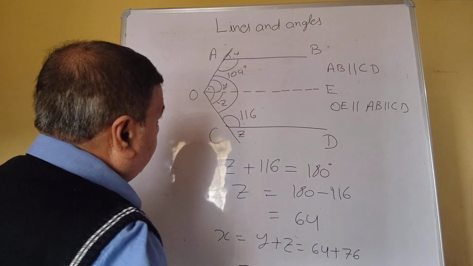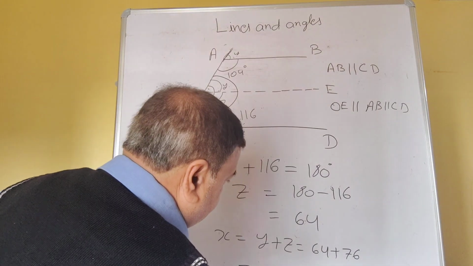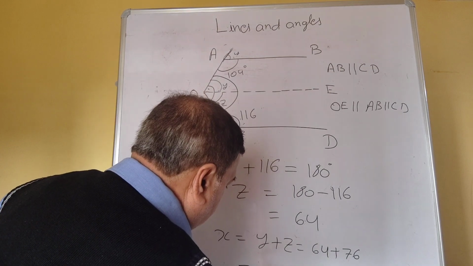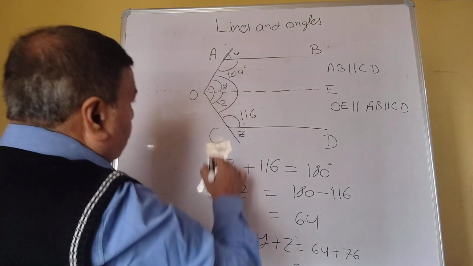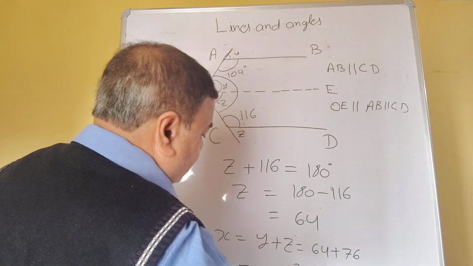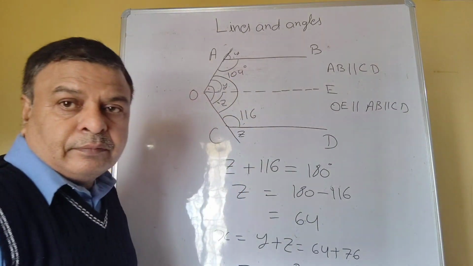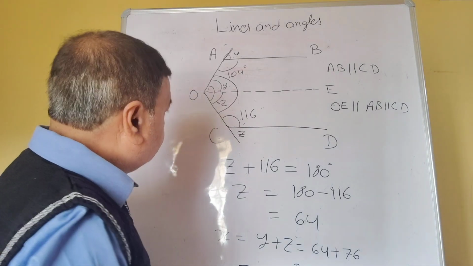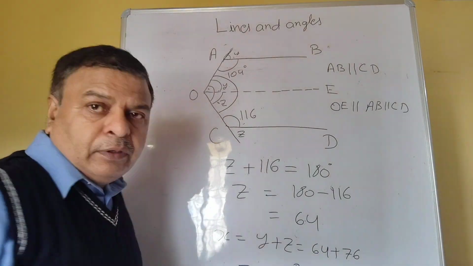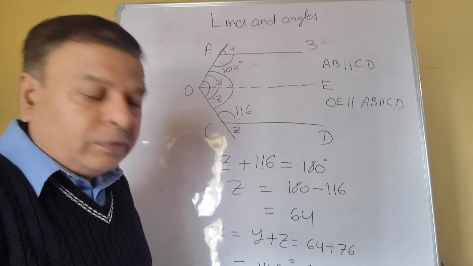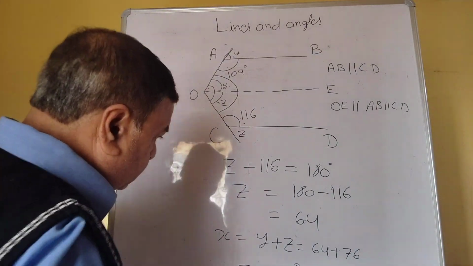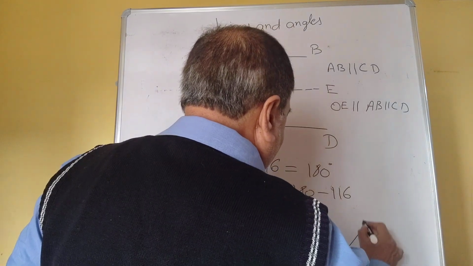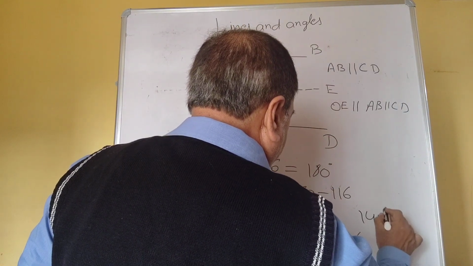So this becomes 140. So the value of this angle is 140. This is the answer. Okay? It's not visible, I can write it out upside. So if you add this, it will become 140 degrees.